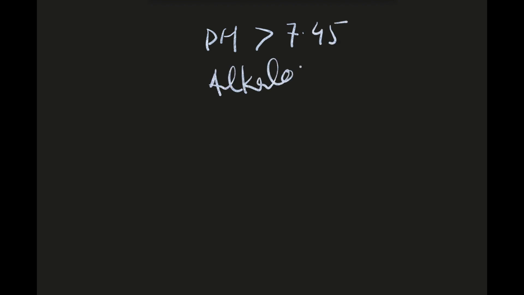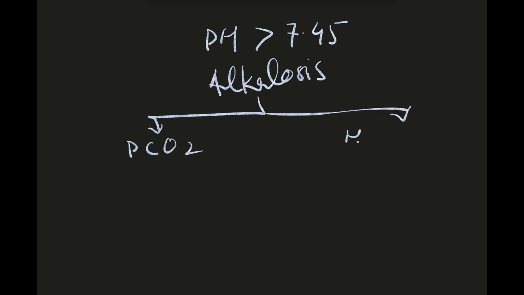Now you again look at the pH. It is more than 7.45. You determine that it is alkalosis. Now look at the PCO2 and look at the bicarbonate together. For example, you find the bicarbonate 25, which is normal.